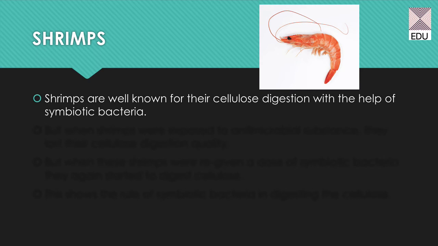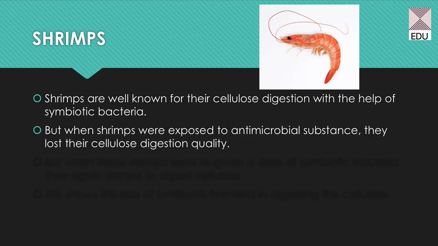This is what we were discussing in the previous slide, whether the animal has its own cellulase or symbiotic bacteria. In shrimps we have the second case, that they have symbiotic bacteria in their intestines. But when shrimps were exposed to an antimicrobial substance, they lost their cellulose digestion ability.